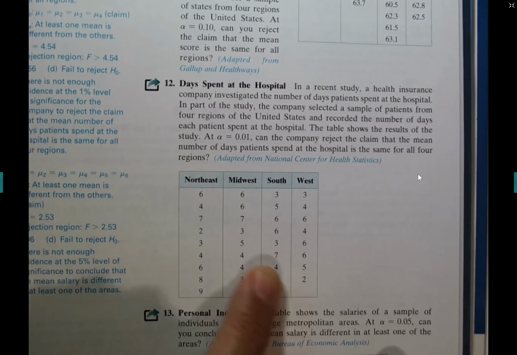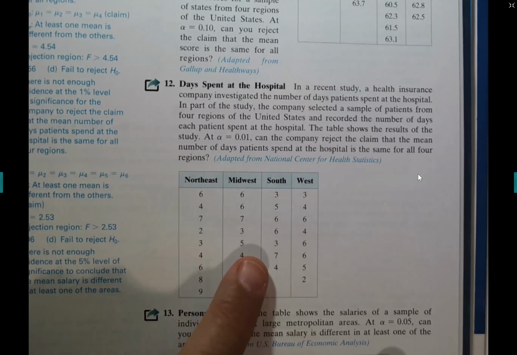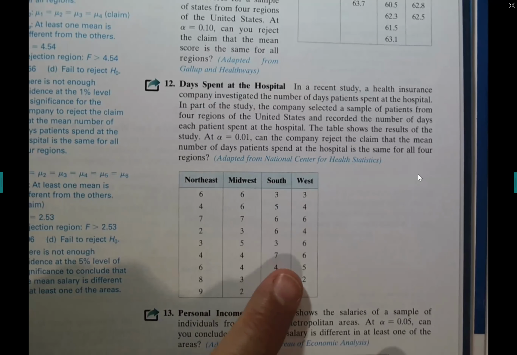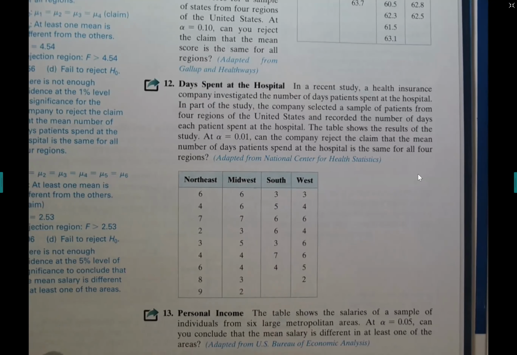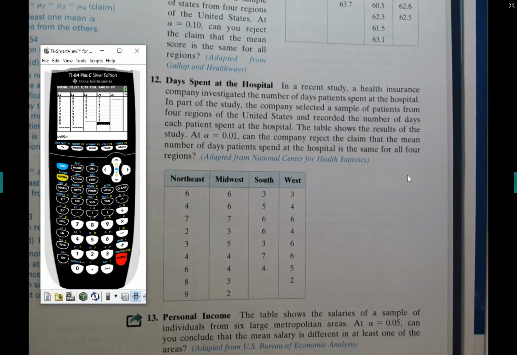And we're going to need 4 lists, L1, L2, L3, and L4. So we put the data in L1, L2, L3, L4. L1 stands for Northeast, L2 Midwest, L3 South and L4 West. And we want to check, can the company reject the claim that the mean number of days patients spent at the hospital is the same for all 4 regions?